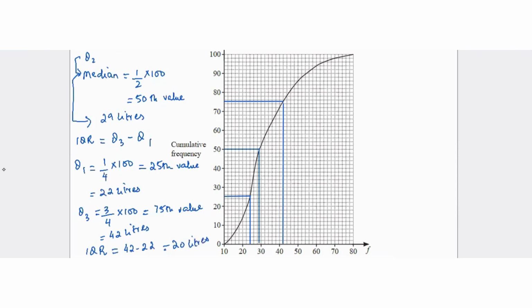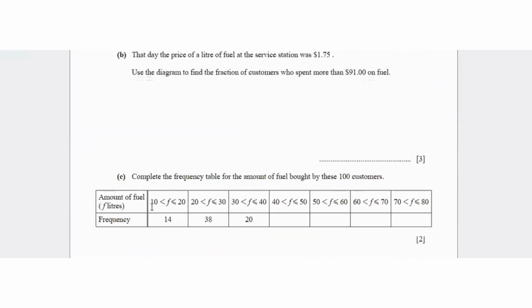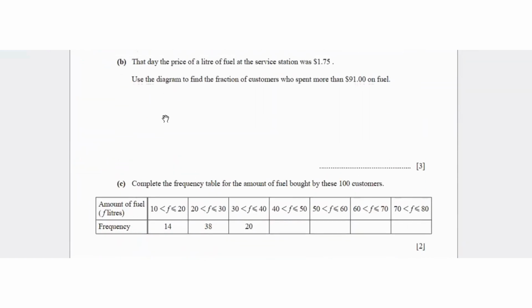Then the next question says that day the price of a liter of fuel at the service station was $1.75. Use the diagram to find the fraction of customers who spent more than $91.